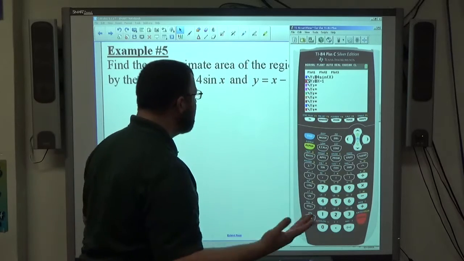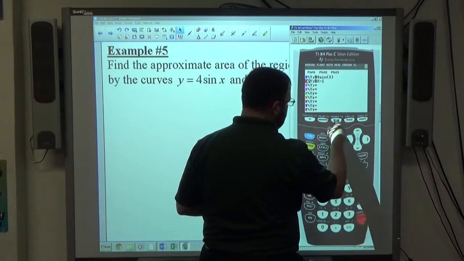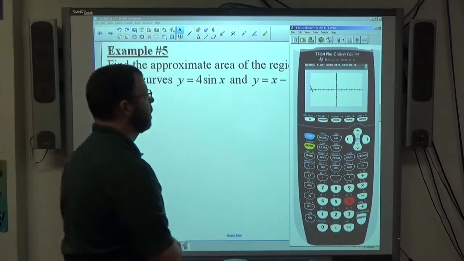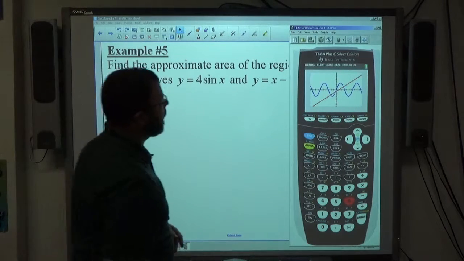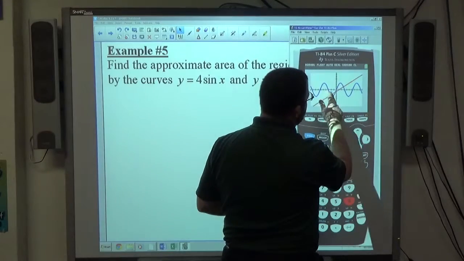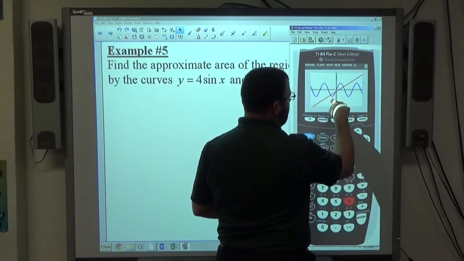Alright. Again, I'm not quite sure where it goes to. So if I just do a zoom 6 to begin with, if I want to get closer I can. So there's the 4 sine of x, and there's x minus 1. Alright, so it looks like everything happens between -3 and 3, and -4 to 4.